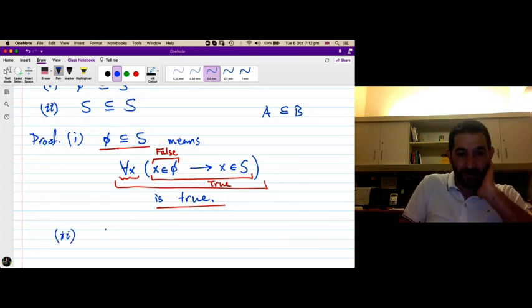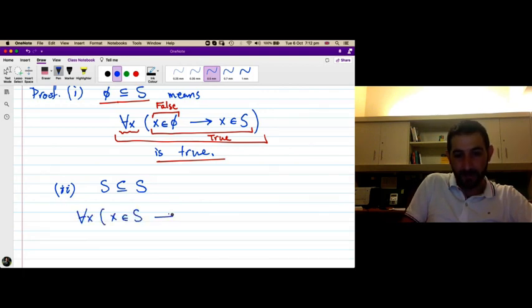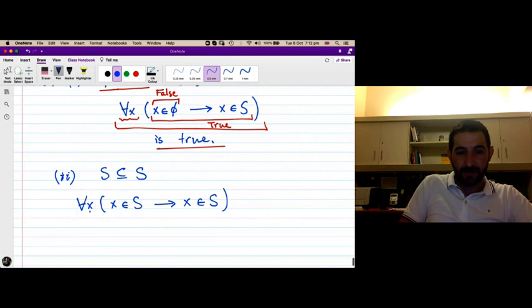Now, the second point says that S is a subset of S. What does it mean that S is a subset of itself? We need to show that for every object X, if X is an element of S, then it is also an element of S. Well, this is a direct proof. Choose any object X. Suppose X belongs to S is true, then X belongs to S is also true.